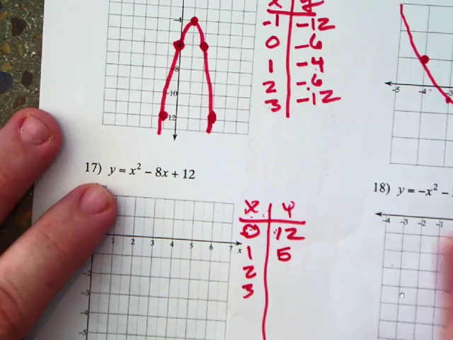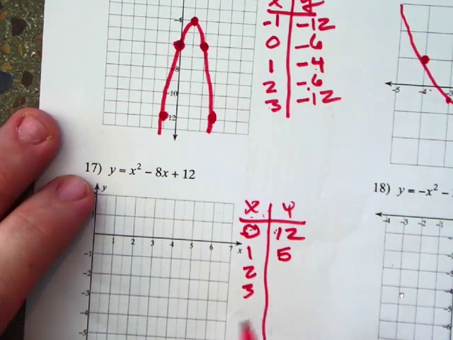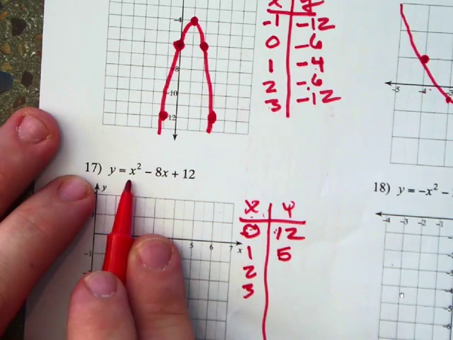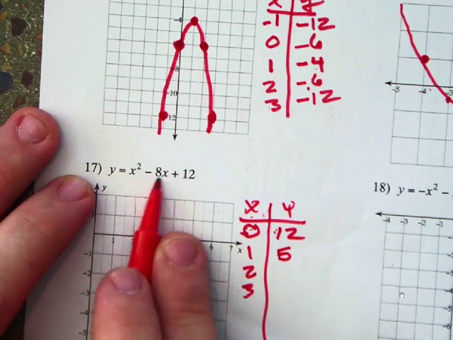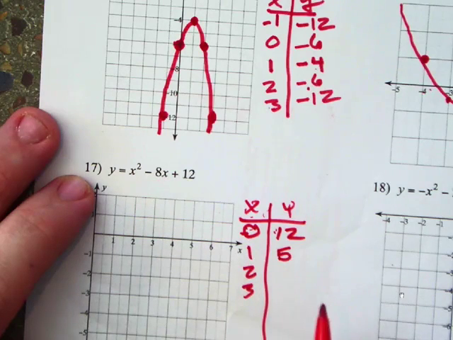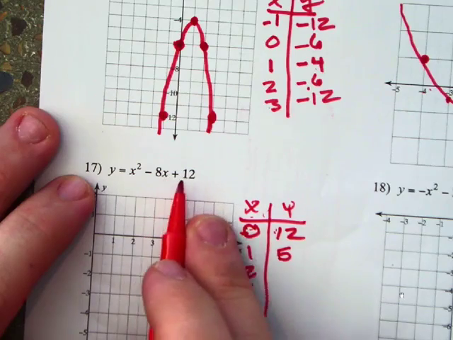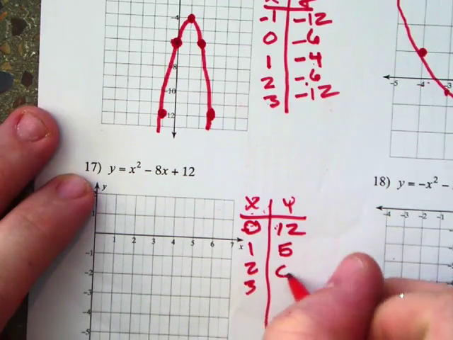Okay, next, let's plug in 2. 2 times 2 is 4. 4 minus 2 times 8 is 16, so 4 minus 16 is -12. -12 plus 12 is 0.